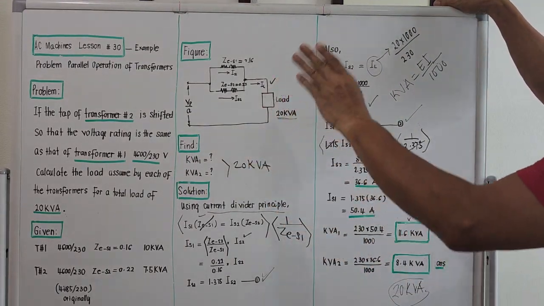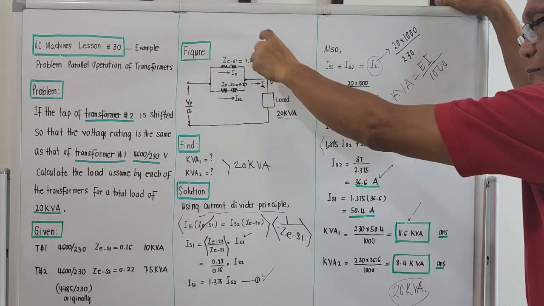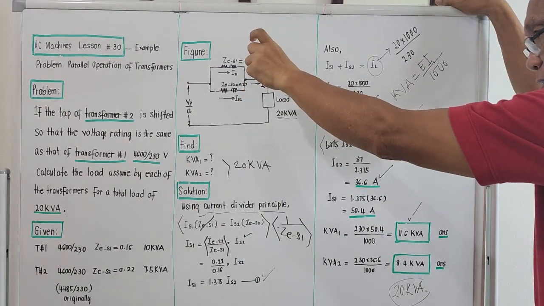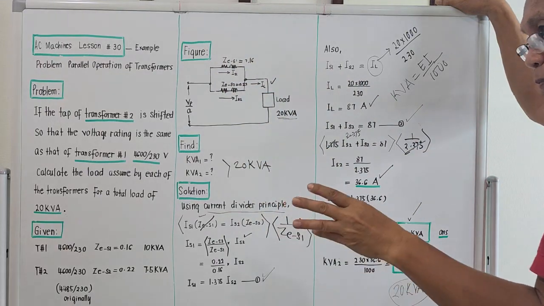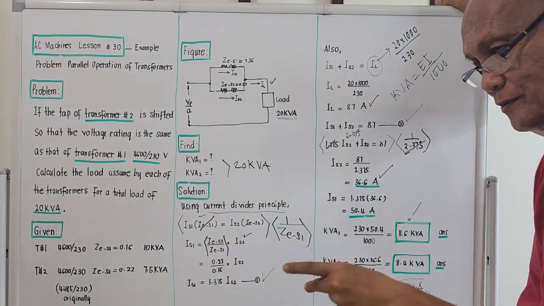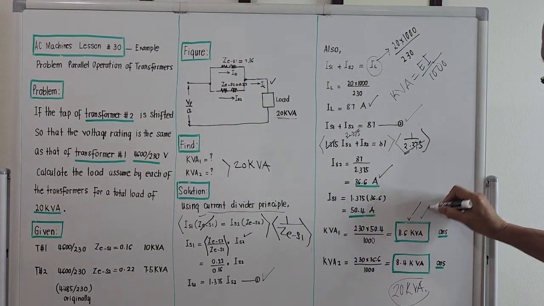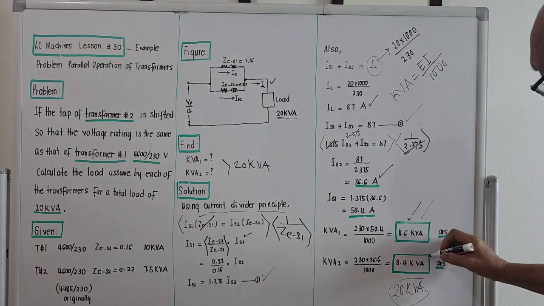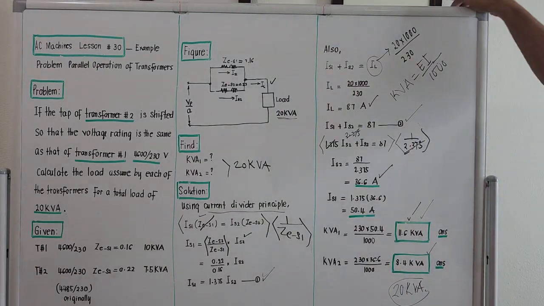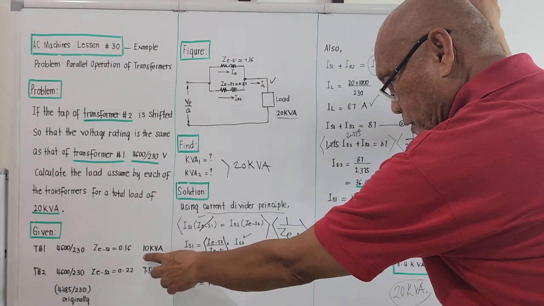So with the specification, this is 0.16 and this is 0.22 as impedances. Okay? What comes out for the proportionality of the load that is carried by its transformer is that kVA number 1 is 11.6 and kVA number 2 is 8.4. They are a little bit overloaded because the rating of transformer number 1 is still kVA.